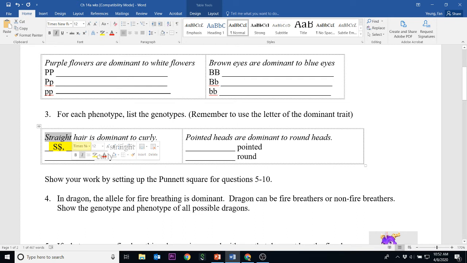Okay, so what is another genotype that you can have to have straight hair? Remember, you can have homozygous dominant, and what other genotype can you have to have straight hair? Come on.